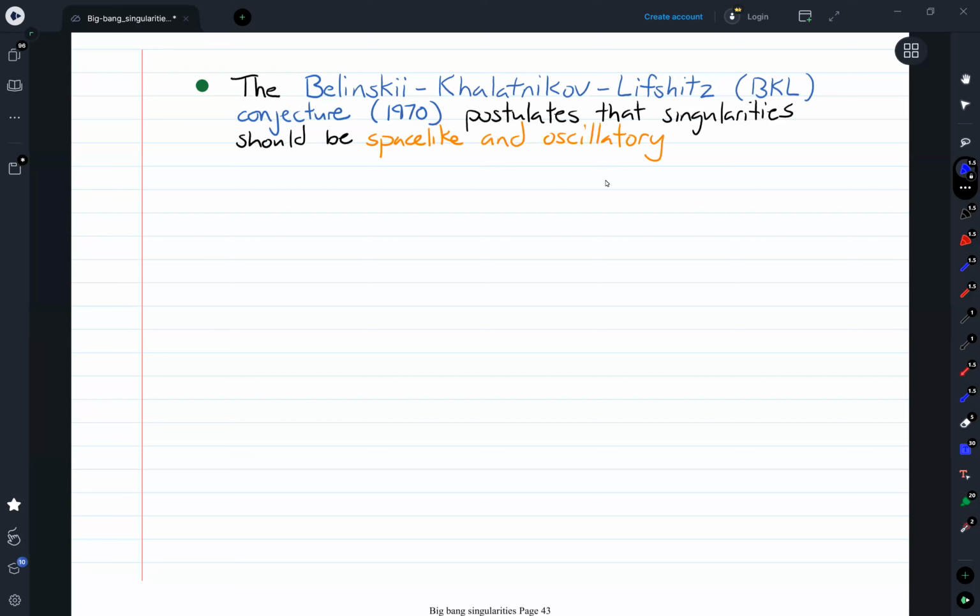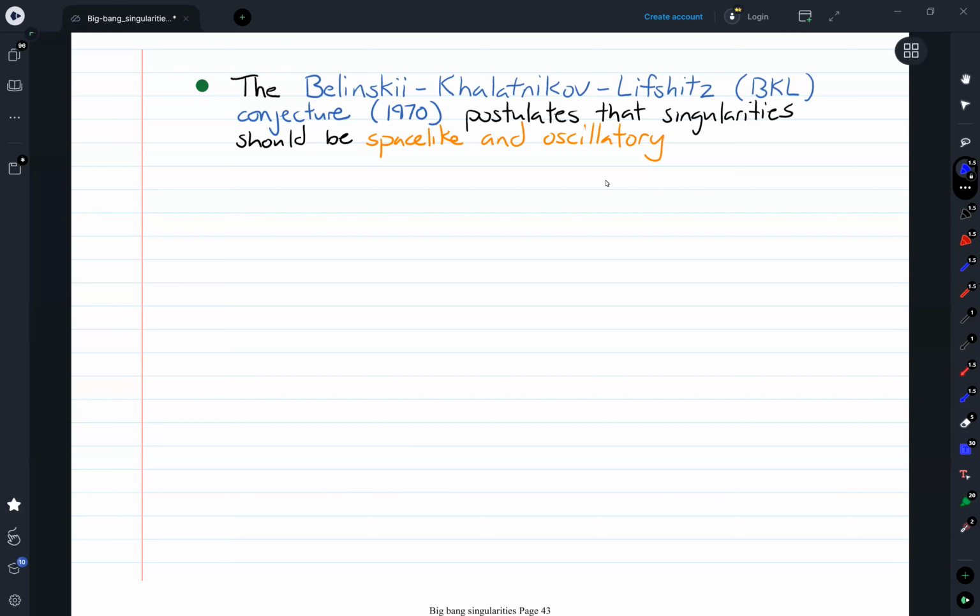Okay, now the next piece of work, which was very influential, is the so-called BKL conjecture from the 1970s. It is a general statement about singularities in the Einstein equations. The general postulate is that generically, singularities should be space-like and oscillatory.